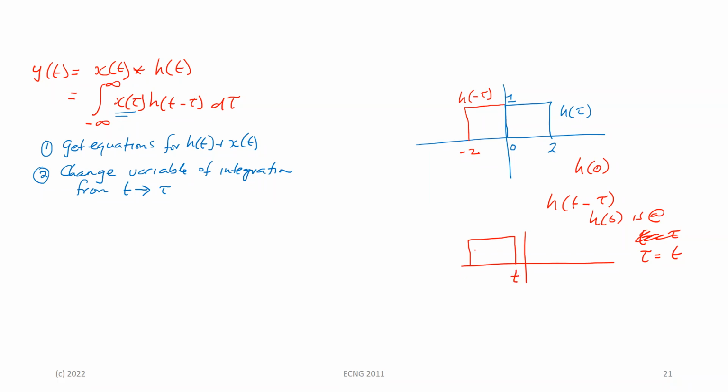And if this is t, how long is this pulse? Two units, right? So if this point is t, then this point here is 2 units behind t. Fair enough?